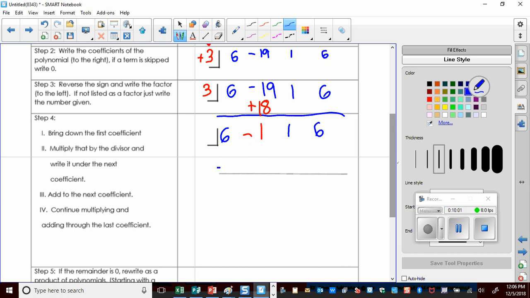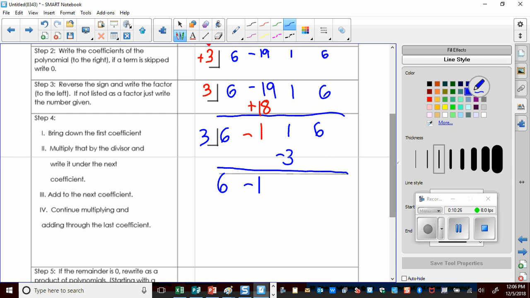So I draw my line, do the same thing, going 1 over. Here's 3, right? So 3, so I have 6 and -1, right? -1 times 3 is -3.